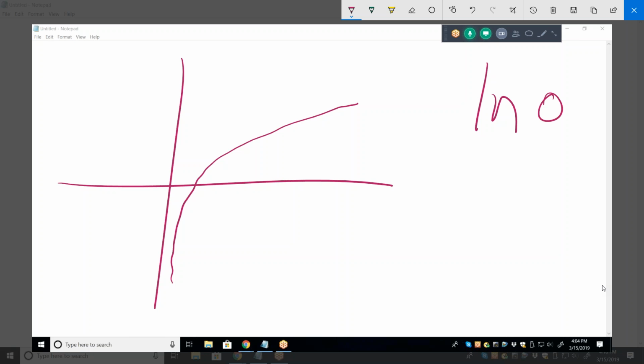So they center it at 1, and that is defined. That's equal to 0. That's one reason why you want to center different functions at different centers.